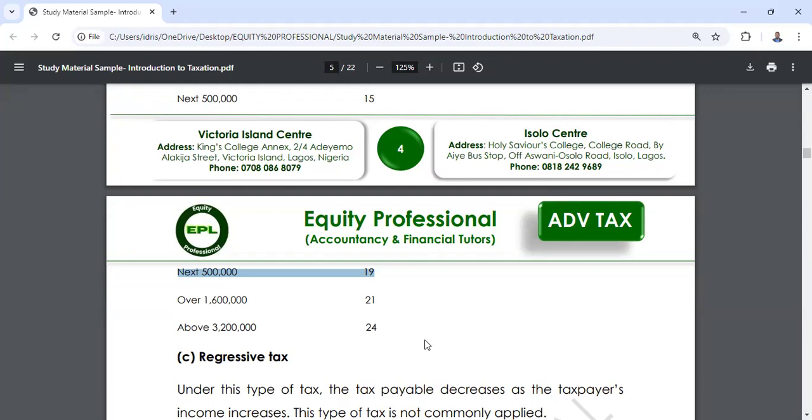Ladies and gentlemen, in your skills exam, personal income tax carries 25 marks. You cannot miss it. You cannot be going for taxation at skill level without knowing personal income tax. So you can see that we have a lot of work to do, and we have not started personal income tax.